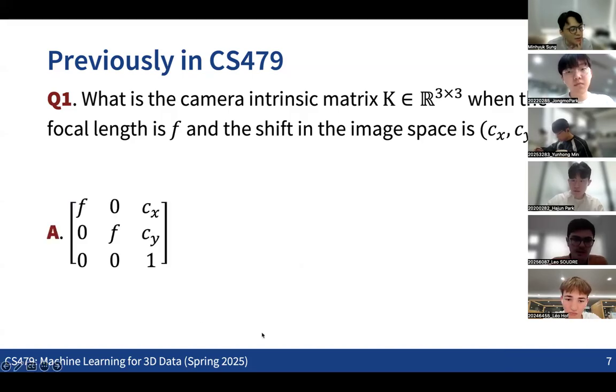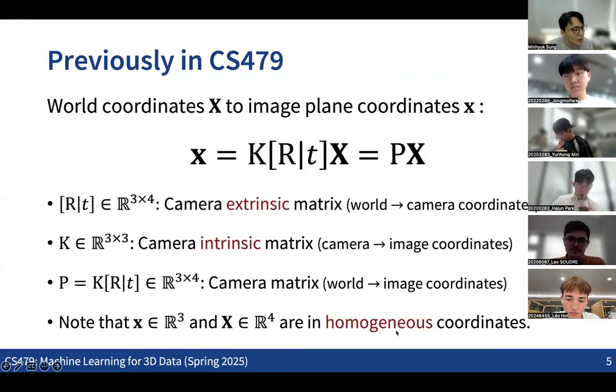Last time we have seen that in this case, our intrinsic matrix has this form: we have the focal length in the diagonal, and we have the shift term as the translation like this, right? By the way, the question in the Zoom chat was: what are R and T here? Basically, the camera matrix involves two types of transformation, one is the rotation, and the other one is the translation.